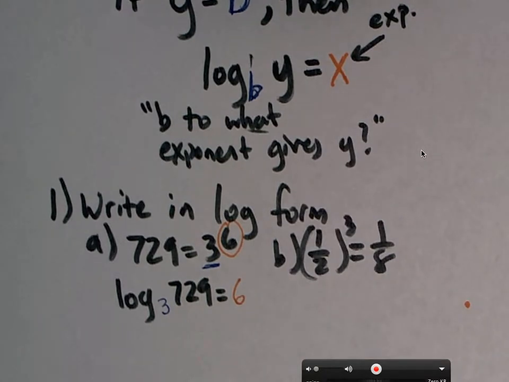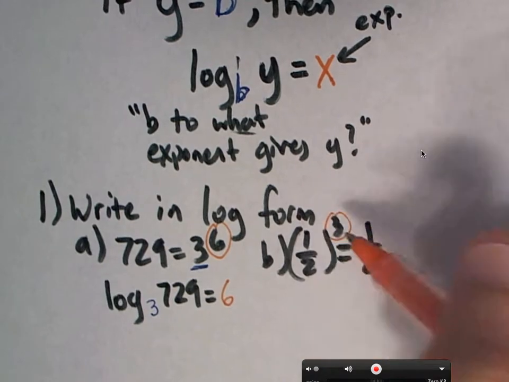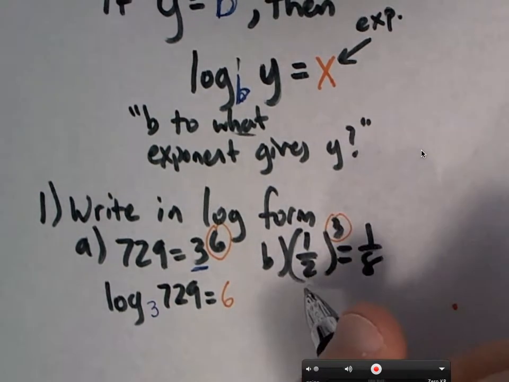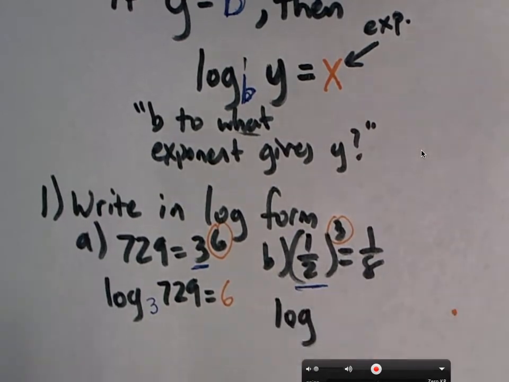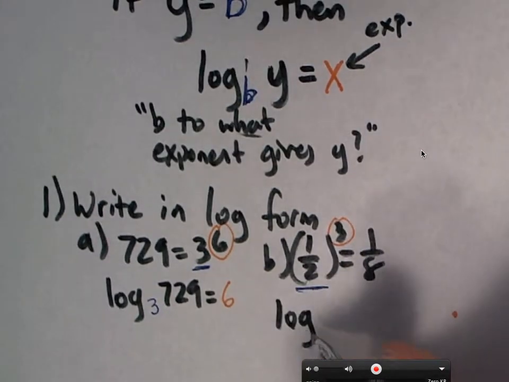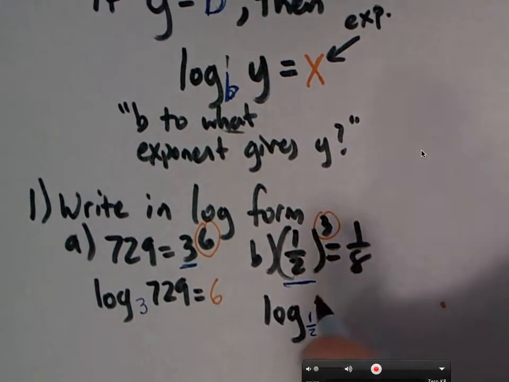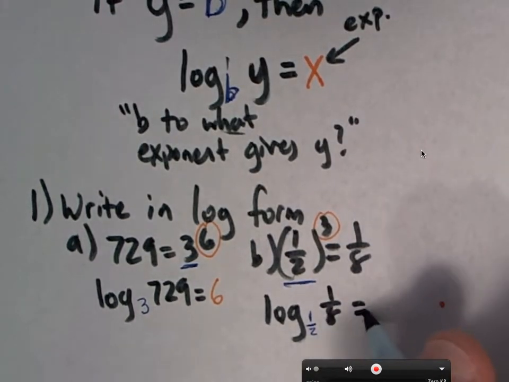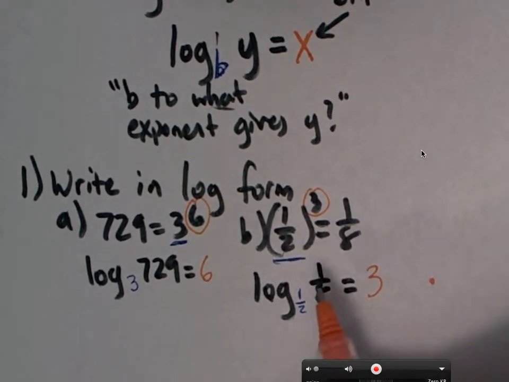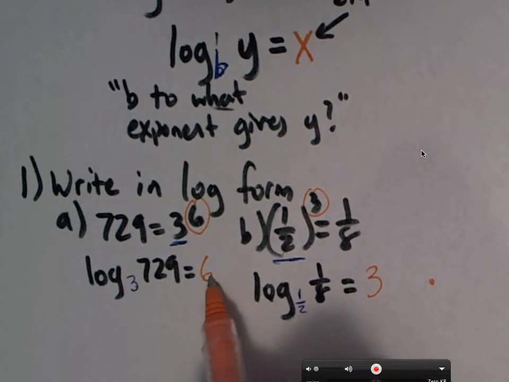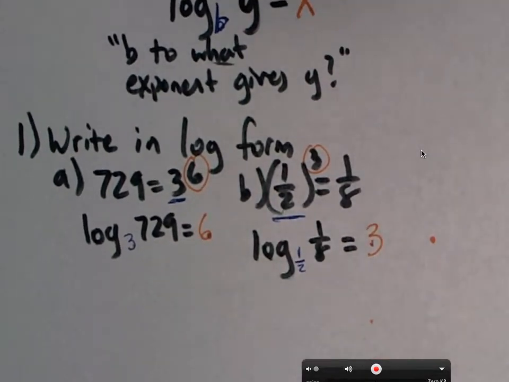For this one, my exponent is the 3, the base is the 1/2, so I'm going to get log base, this base still comes underneath, written in subscript, 1/2 of 1/8 equals 3. Again, just remember, what's a log? It's an exponent. The exponent always goes on the other side.